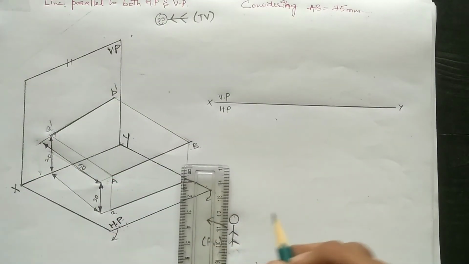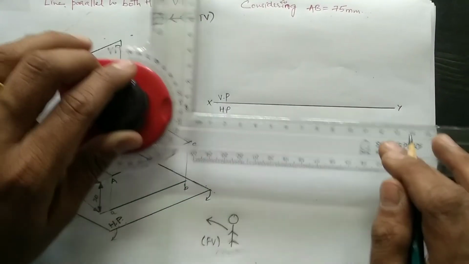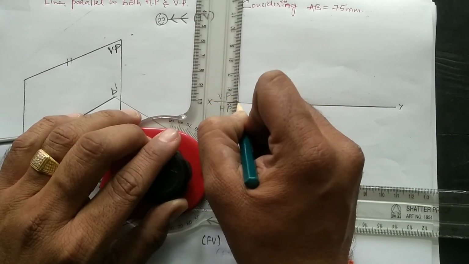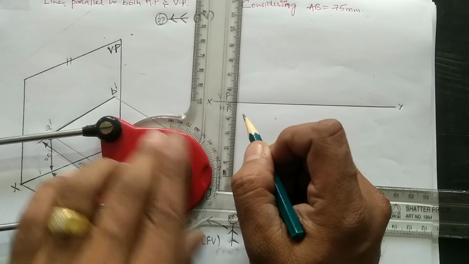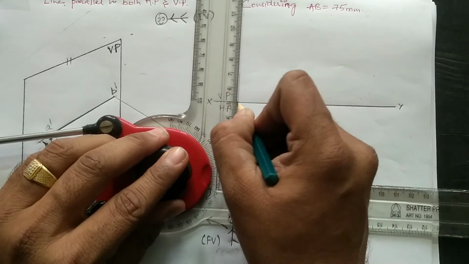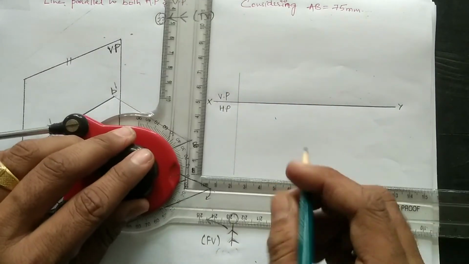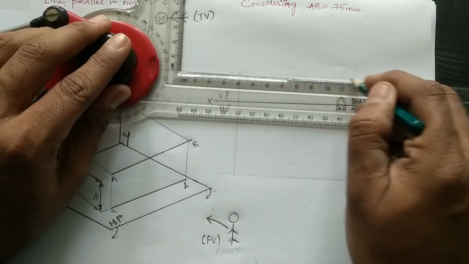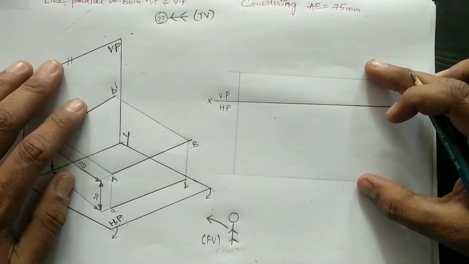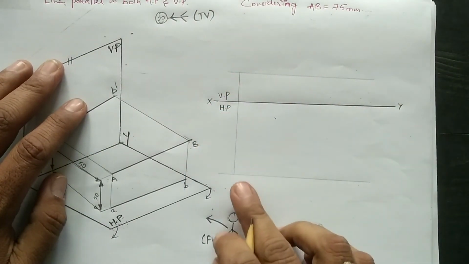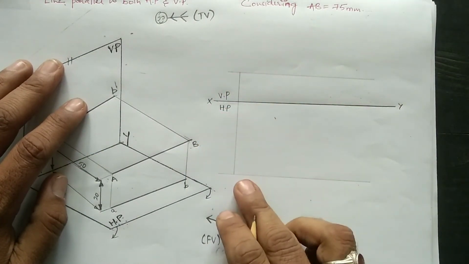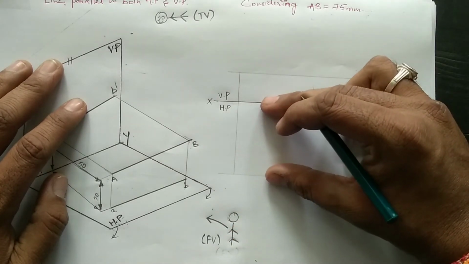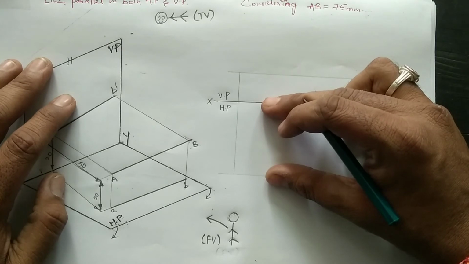Now draw the dimension lines, which are 20 mm above HP and 50 mm in front of VP. First draw the locus lines. The main purpose of these locus lines is that wherever you start and end the point, the distance remains the same with respect to the reference line.